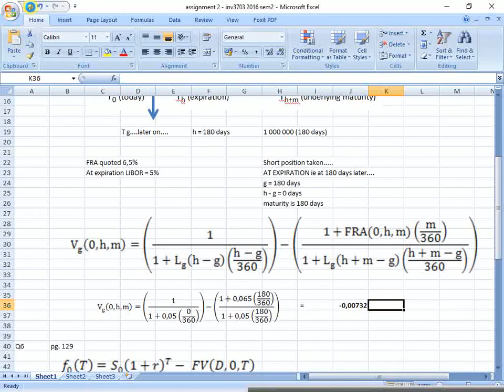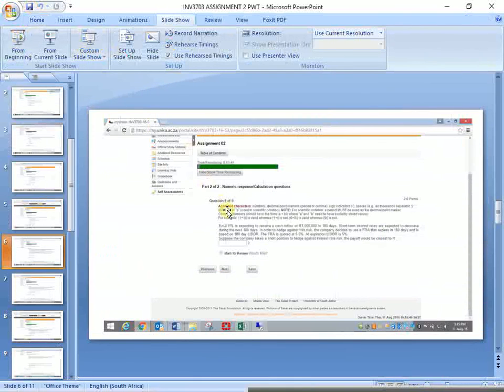So that was the value of the FRA. So the notional principal, did they ask for that here? I think they did. The payoff, expected to receive a cash inflow of that. But what is the notional principal?